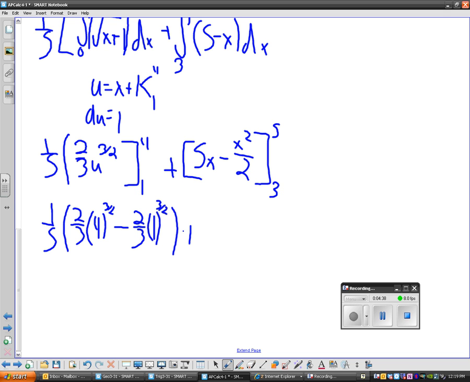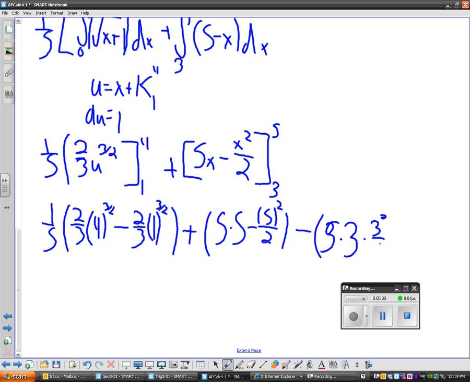And then I add 5 times 5 minus 5 squared over 2. I will be subtracting 5 times 3 minus 3 squared over 2.